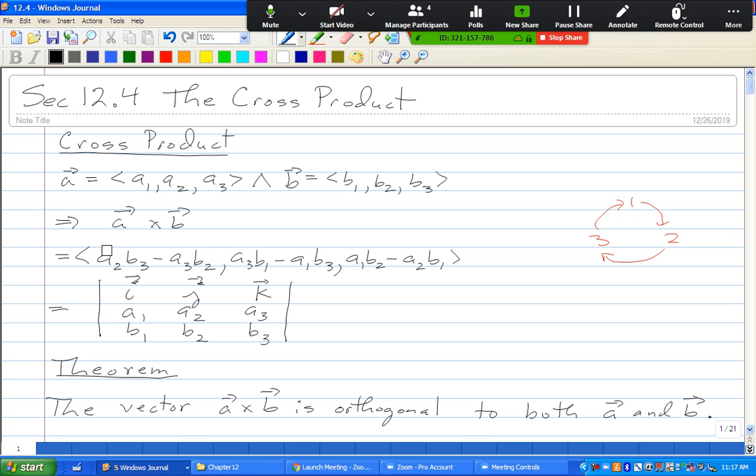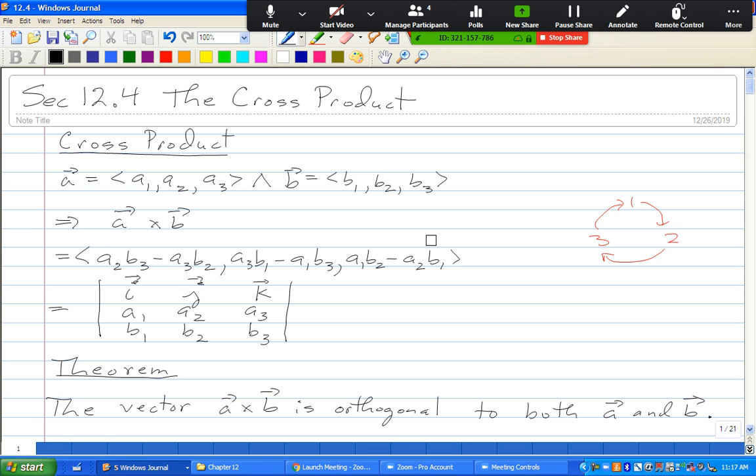having first component A2B3 minus A3B2, second component A3B1 minus A1B3, third component A1B2 minus A2B1.